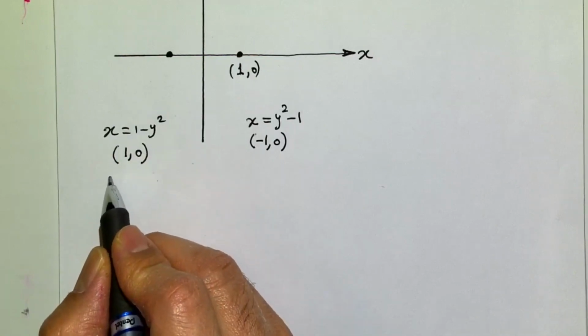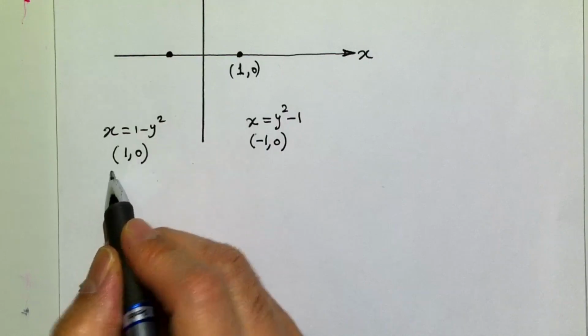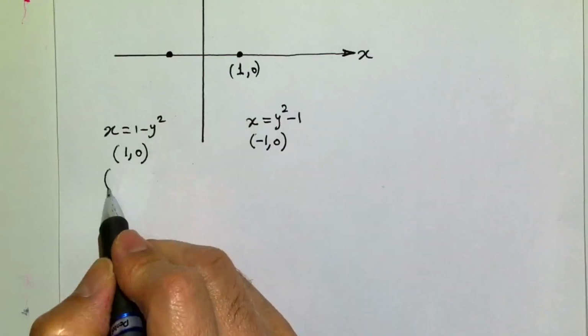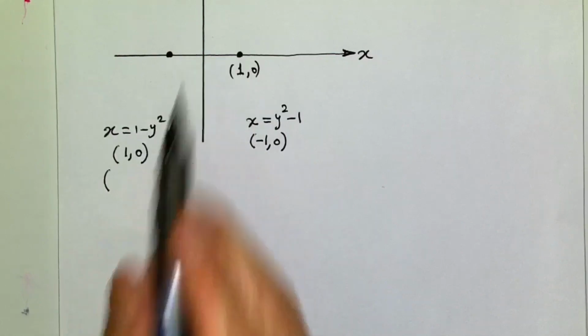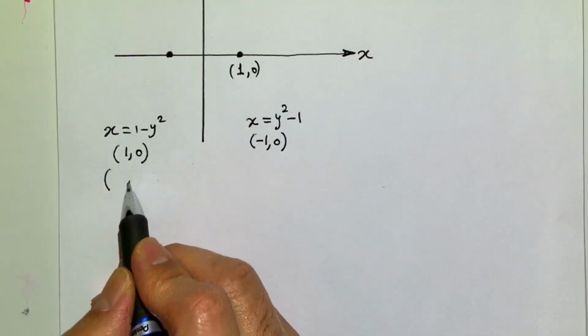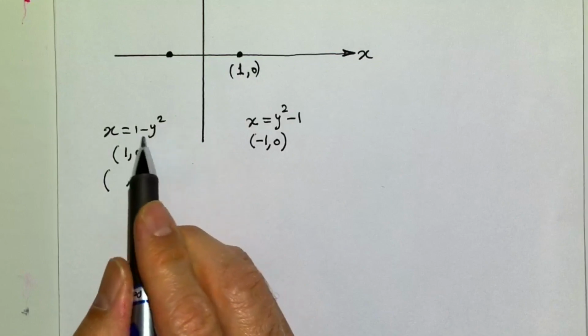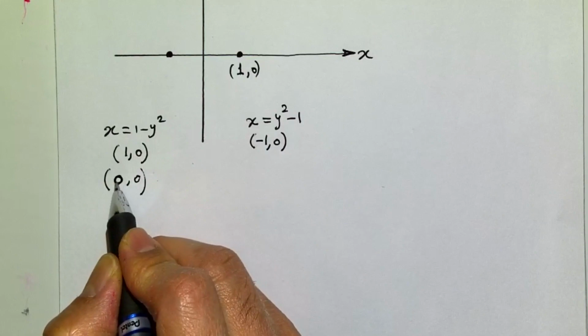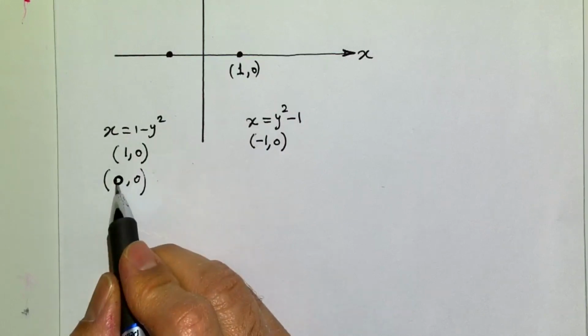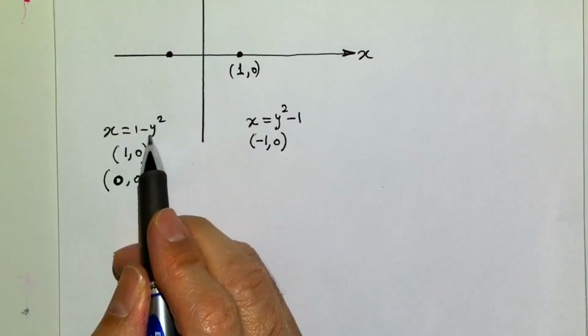Sorry, for the y-intercept, x would be 0, and then solve for y.